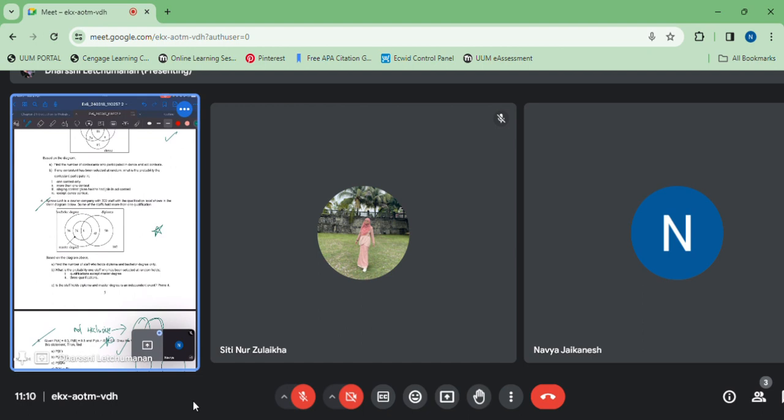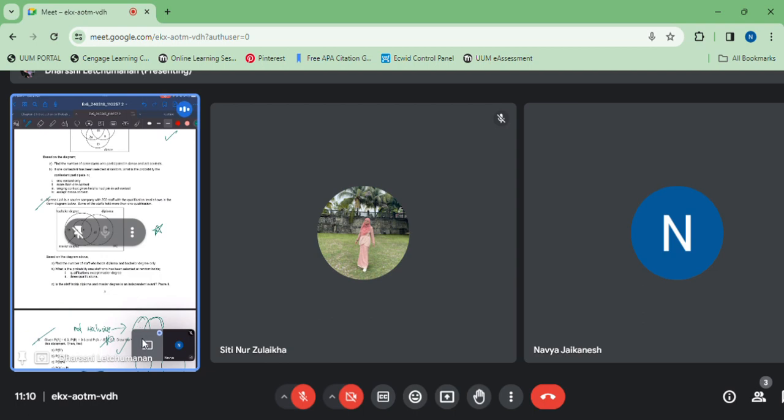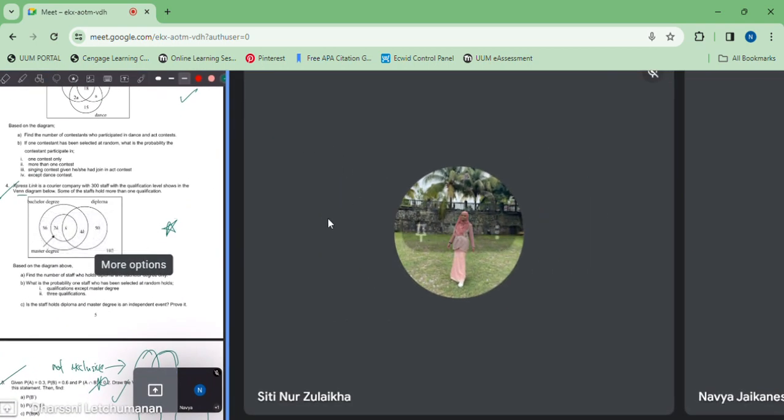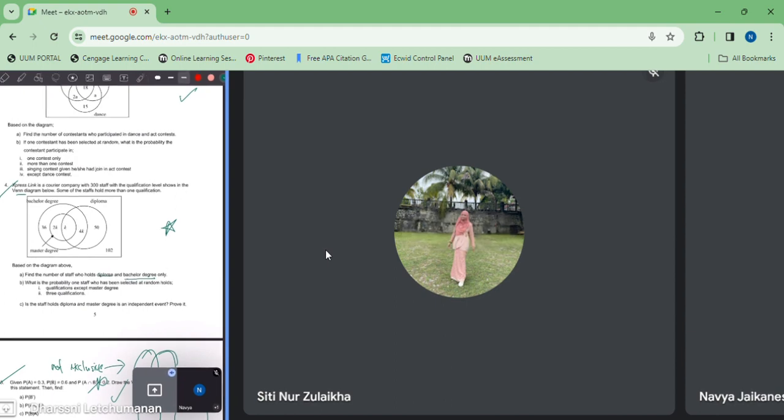So how to do this question? Express Link is a courier company with 300 staff with qualification levels shown in the Venn diagram. So what do they say? Find the number of staff who hold a diploma and bachelor degree only.